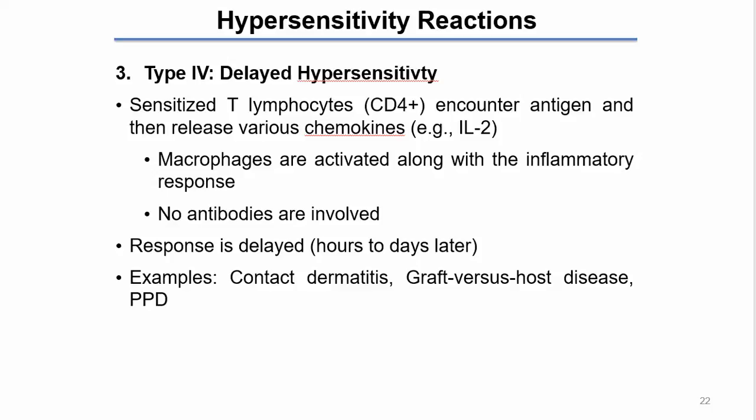And that causes inflammation and activating macrophages. But it takes a while. It takes a couple of days before the T lymphocyte will encounter this presented antigen in that form and cause this inflammation.